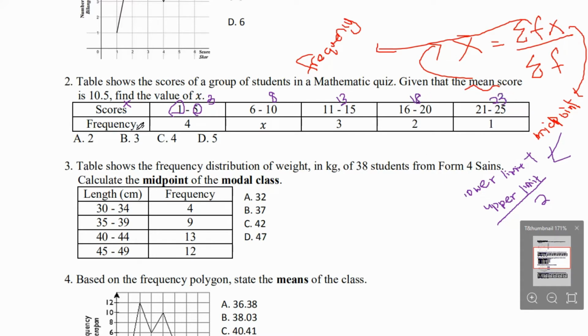Okay, frequency here, the symbol is f. We have to calculate fx, f multiplied with x. So we create another row here, which is fx. So f multiplied with x, 4 times 3, 12. x times 8, 8x. 3 times 13, 39. 2 times 18, 36. 1 times 23, 23.